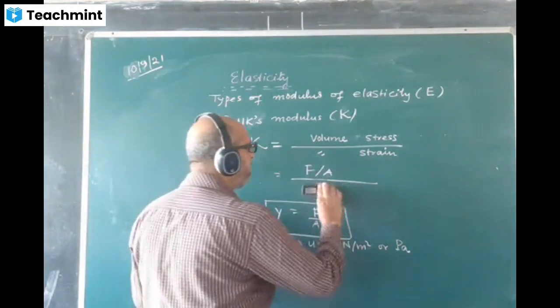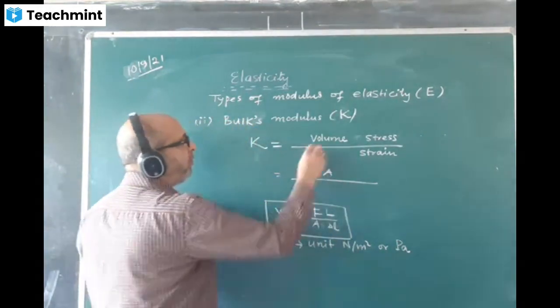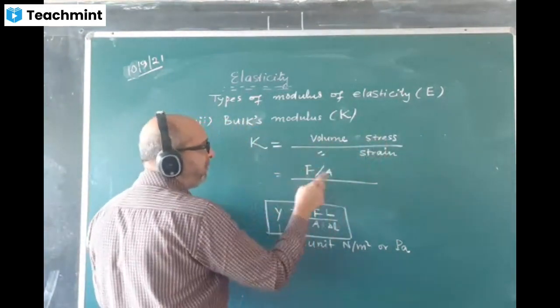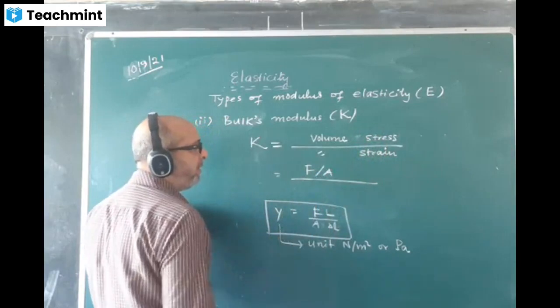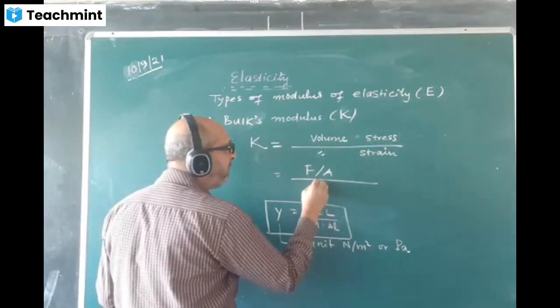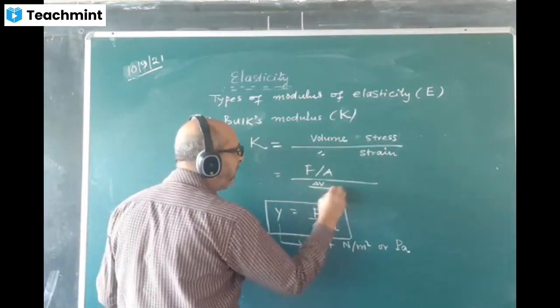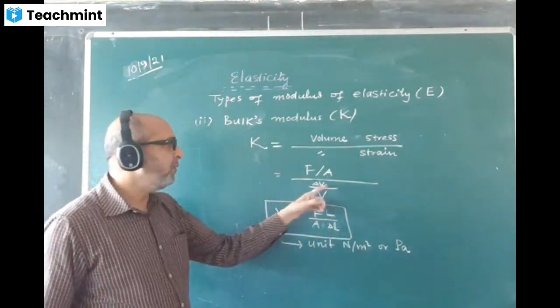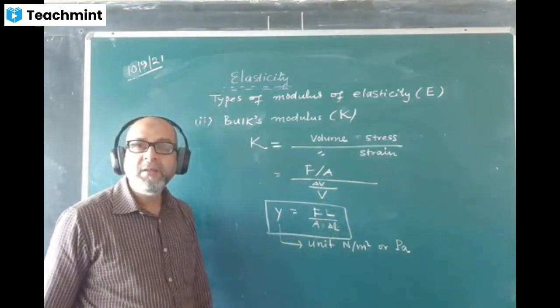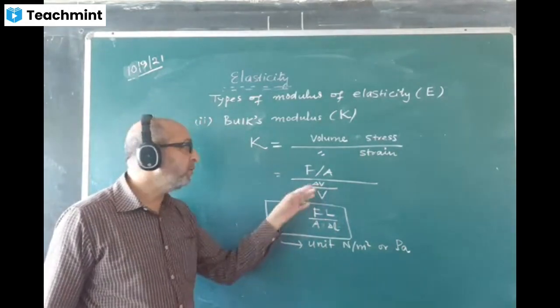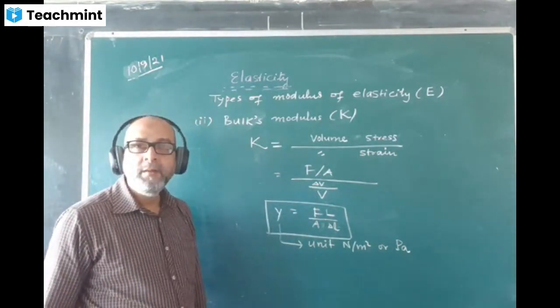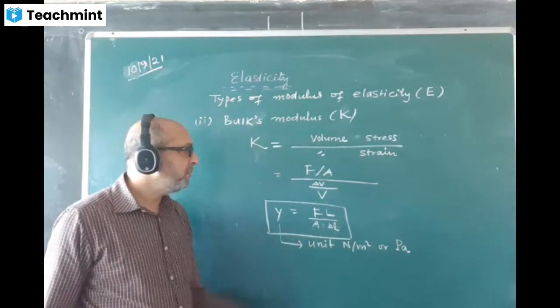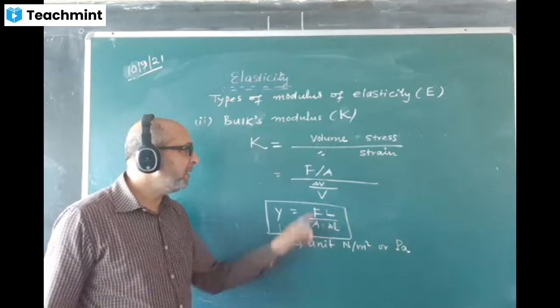And the formula will change. Volume stress formula will be the same, it is same as pressure. And here we will be writing change in volume by original volume, like this. Change in volume by original volume, not length, but change in the volume, delta V by V. We write that.